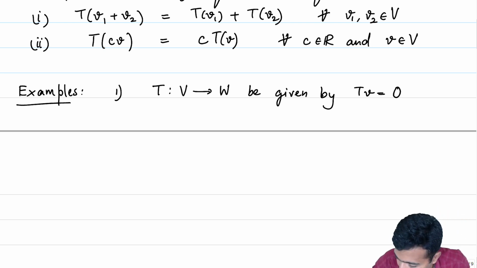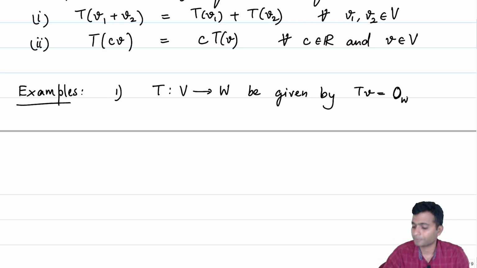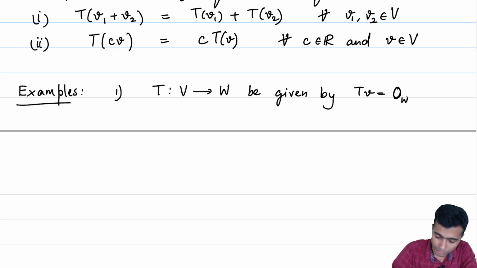So this is the 0 vector in W. Every element of V is being mapped to the 0 vector. So this is called the 0 transformation, a linear transformation.